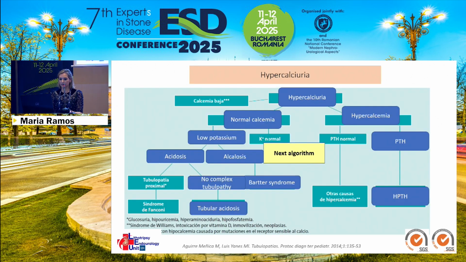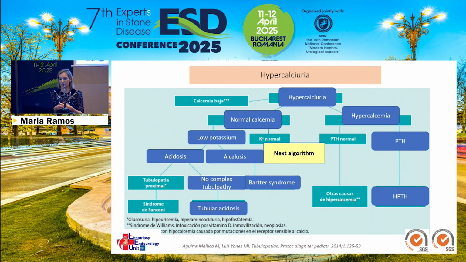And for me, these 2 algorithms are important, so I'm going to talk about them. In the hypercalciuria algorithm, when we have hypercalciuria, first we have to rule out hypercalcemia and high PTH. When we have normal calcemia, we look at the potassium.